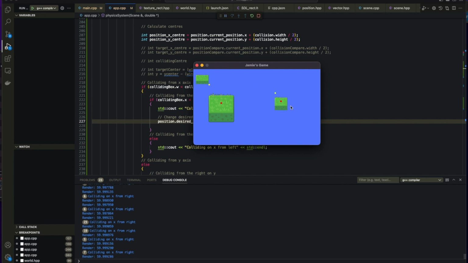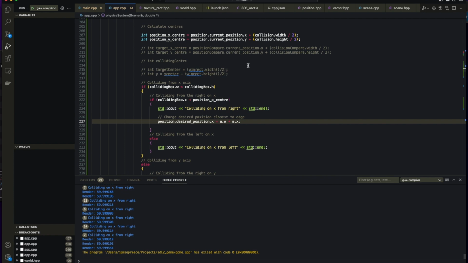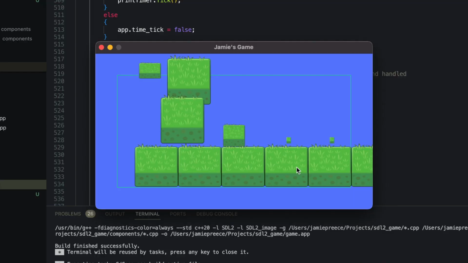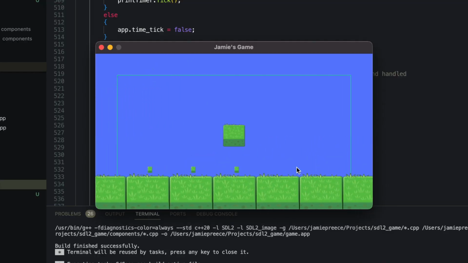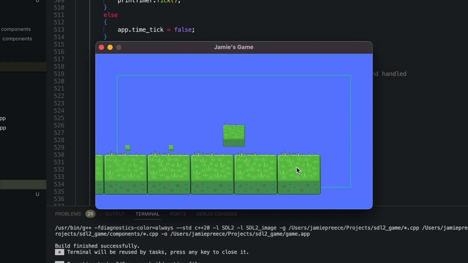What I'm going to move on to next is things like collision detection with AABB, raycasting, physics, a detached input system and events, a camera system, tile maps and level importing, and that sort of thing.